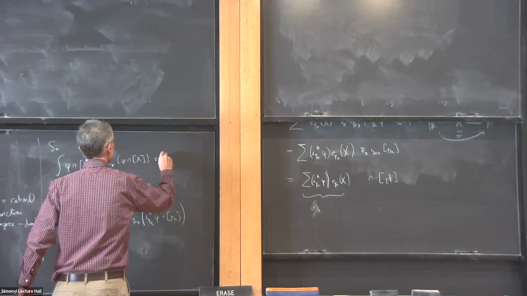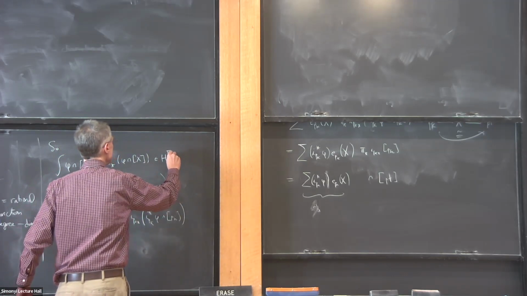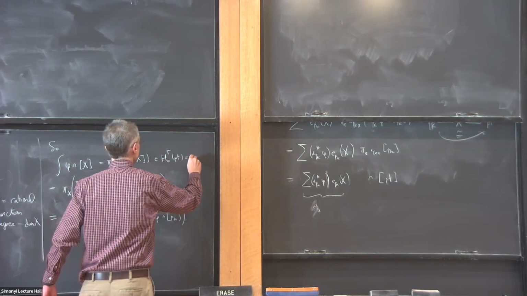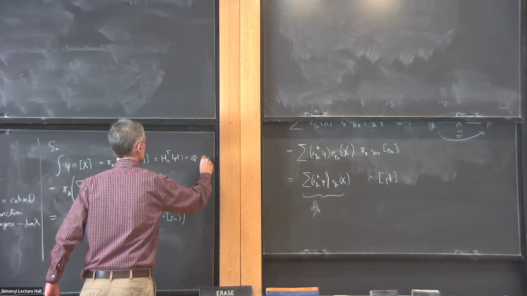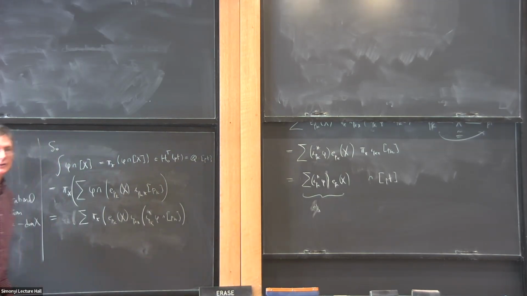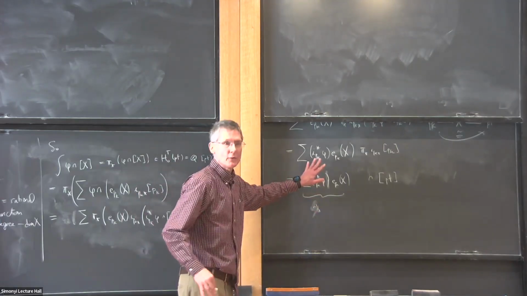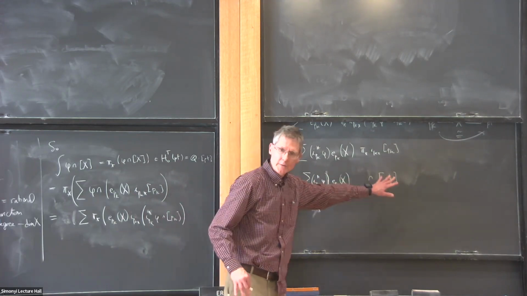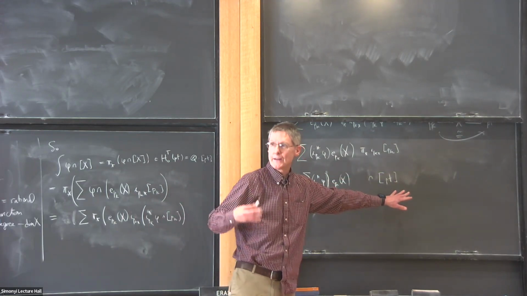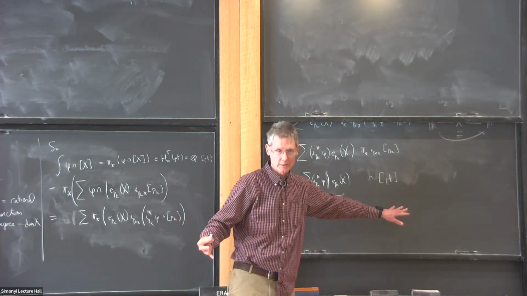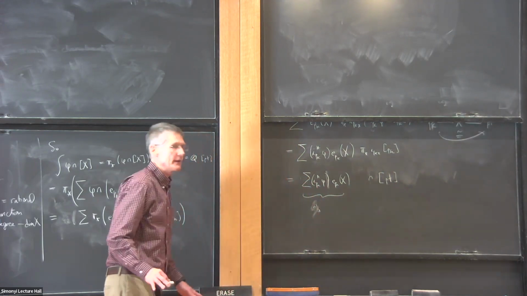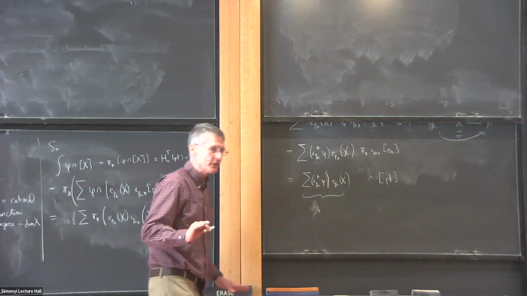And this is in H_0^T of a point, which is just Q times the class of a point. The zero-dimensional homology is just the class of a point. So this is just going to be a rational number times the class of a point, and my answer, the integral, is just really that rational number.